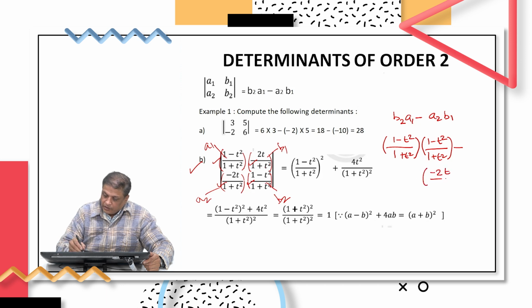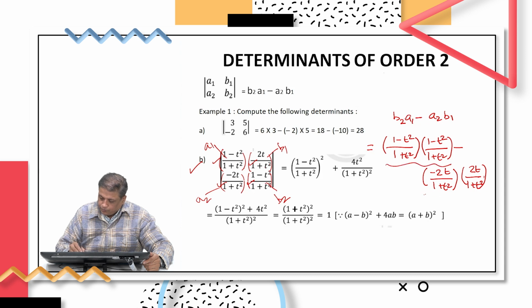Now we are going to solve these expressions. Now 1 minus t square into 1 minus t square, what could this be? This should be 1 minus t square whole square upon 1 plus t square whole square.